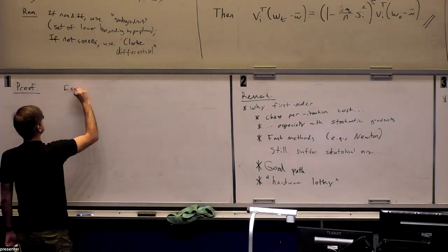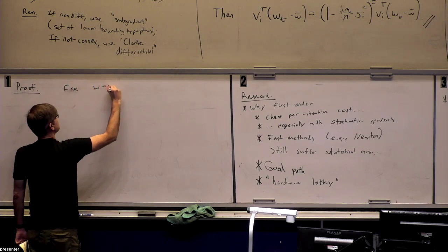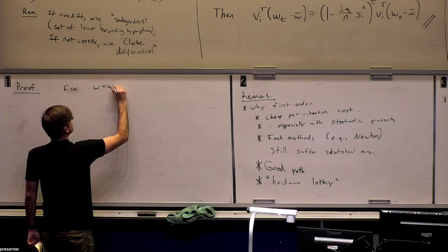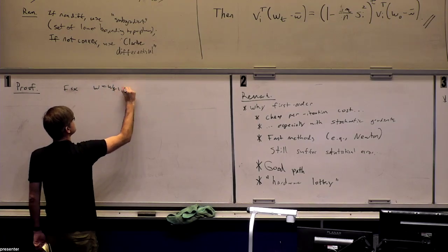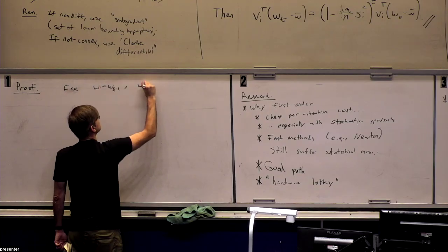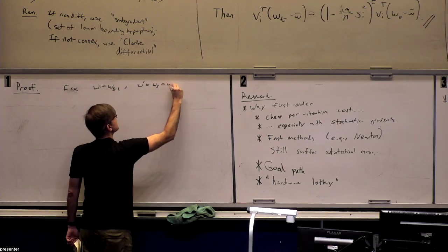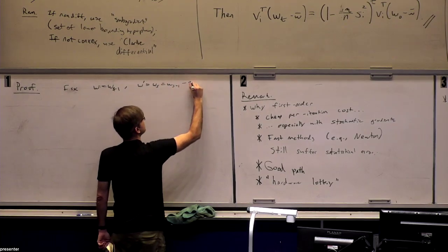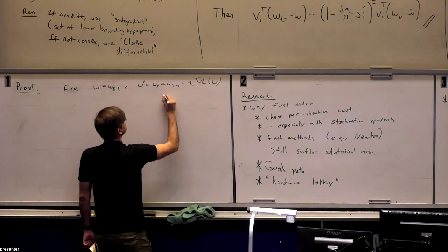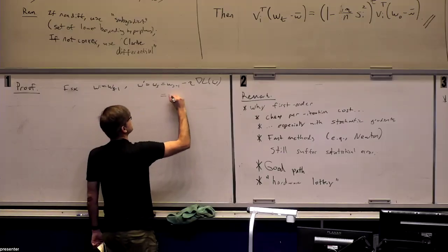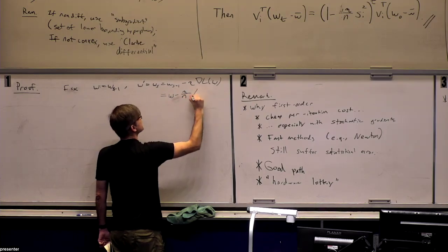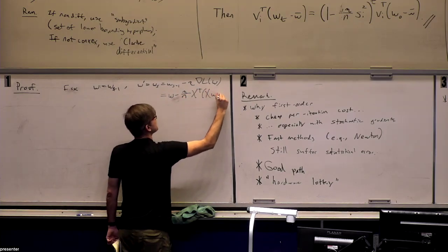Just to make it simpler, I'm going to fix some W_{s-1} and W' equal to W_s, which is W_{s-1} minus eta grad L(W_{s-1}), or just W minus, and then we can fill in the definition: X transpose (XW minus Y).